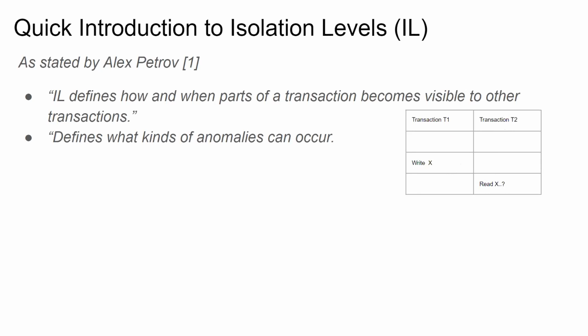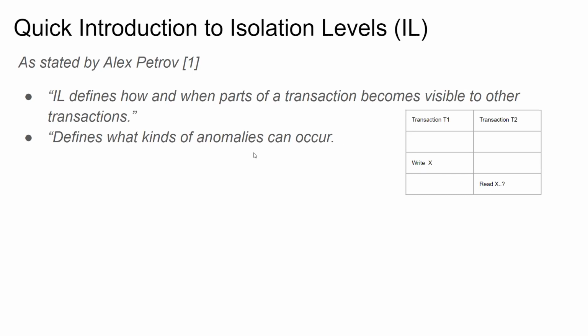How do you want the concurrently running transactions to behave with all these concurrent reads and writes? The other point of isolation levels is why we do this. In the examples that follow, you would see that in some cases we try to block the reads, and in some cases we allow the reads. Then the question comes, why do we do that and what are the implications?